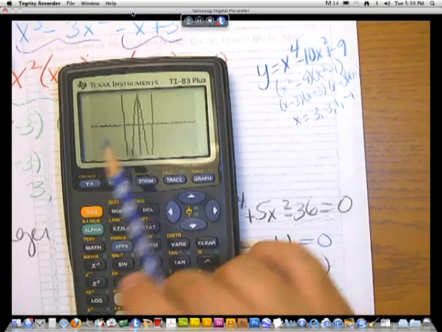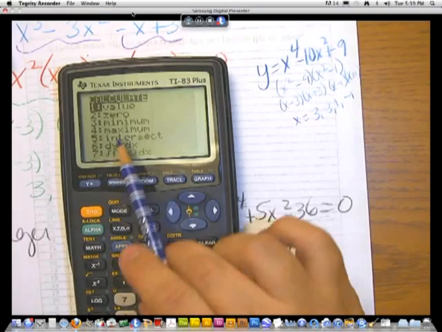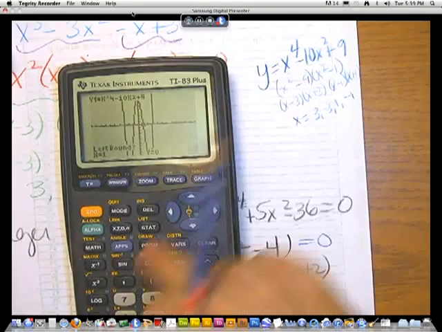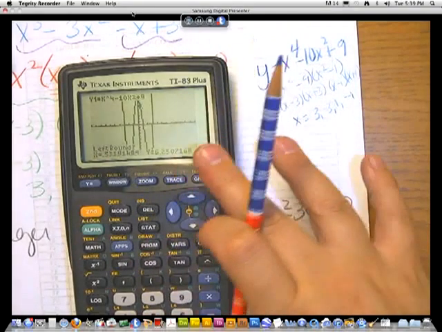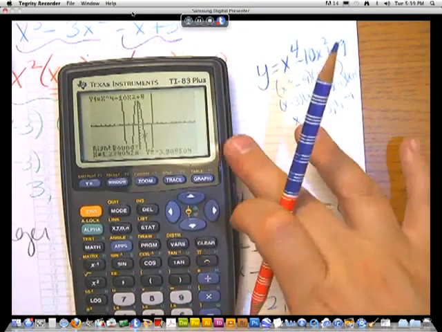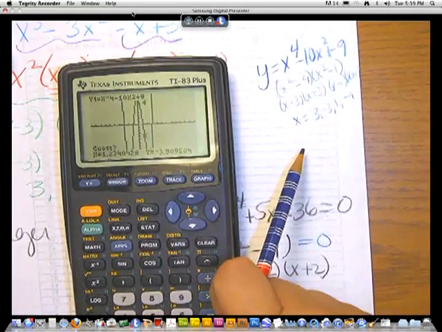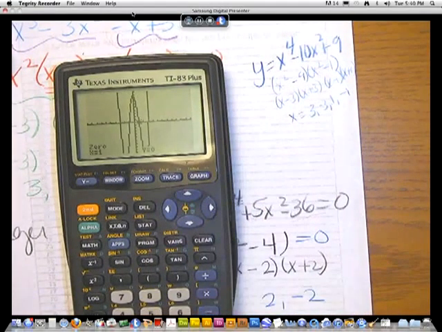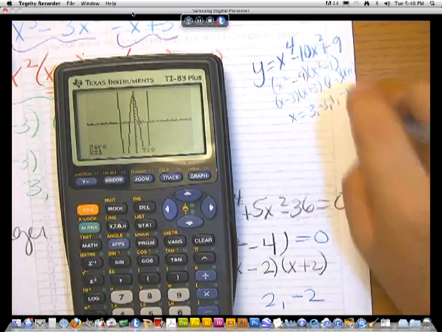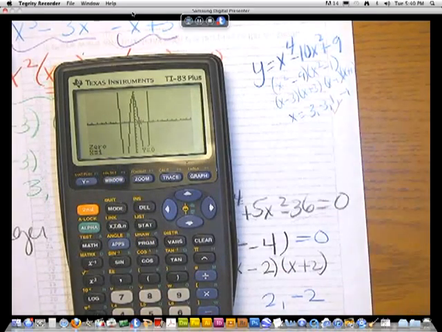I see that if I were to do second, calculate, and 0, and my spider is left of one of the zeros, right of one of the zeros, and hit enter, I would find one of my zeros. In this case, I found the 1.